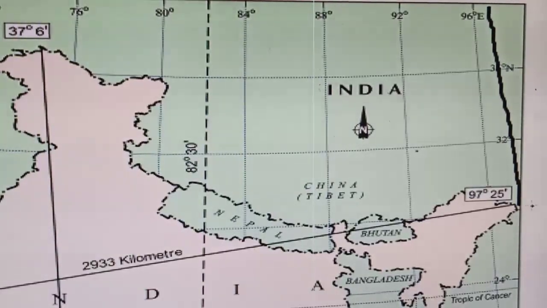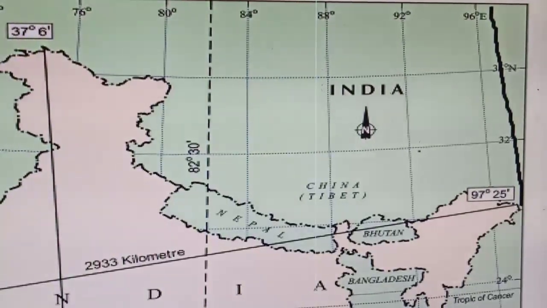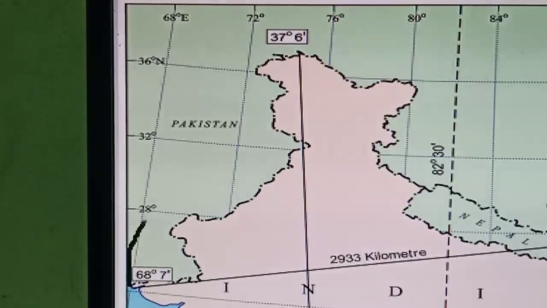This is the longitudinal extent in the east, and in the west it is 68 degrees and 7 minutes east. This is the longitudinal extent of India in the west.